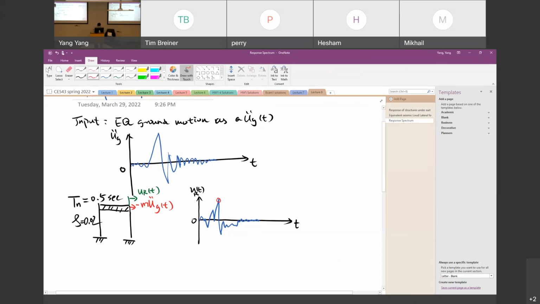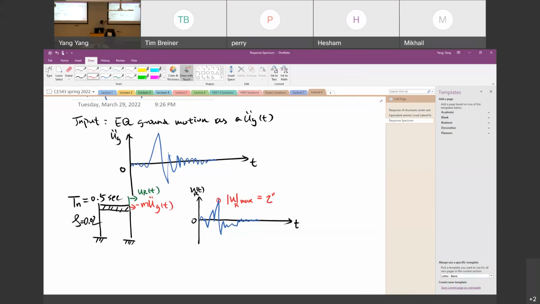For example, the maximum displacement here is equal to 2 inches. Does that make sense?